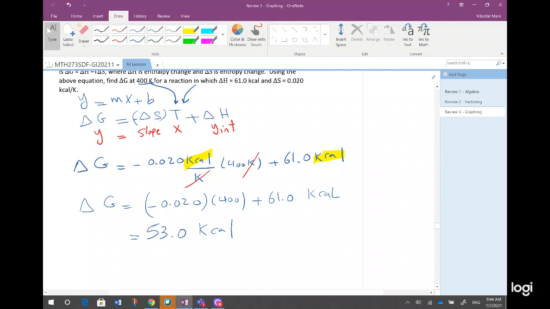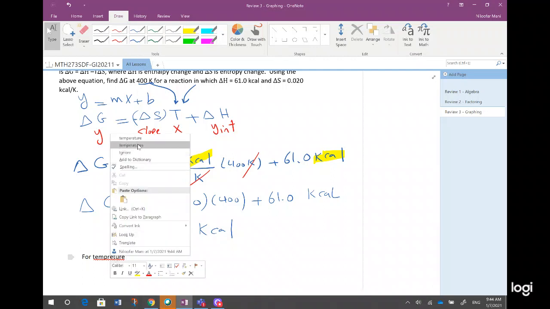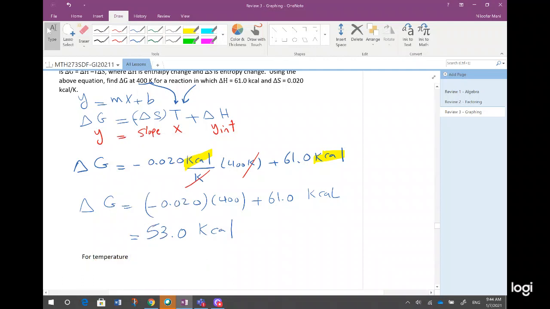No, you can say for temperature 400 Kelvin, the delta G is 53 kilocalorie.